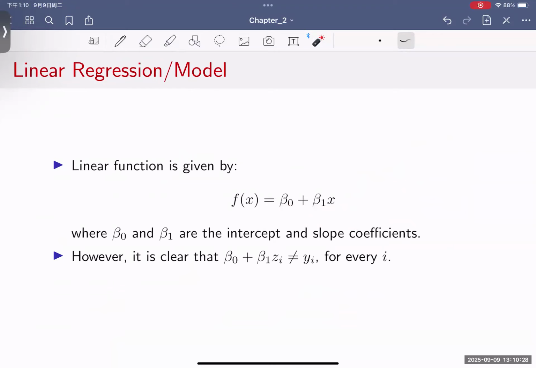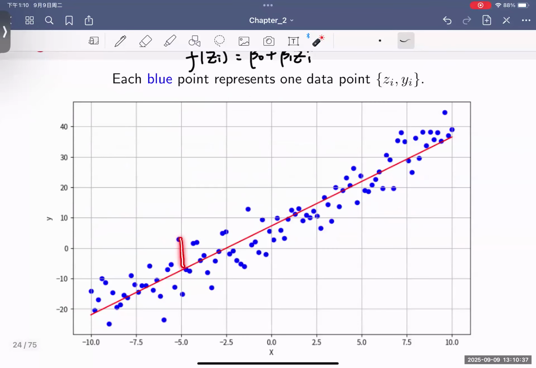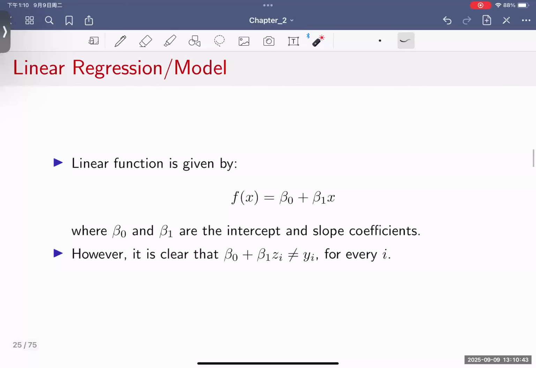But it's clear that for any given zi, this linear function will not equal yi, because there is some discrepancy between our line and our data. So we should add some explanation for that.